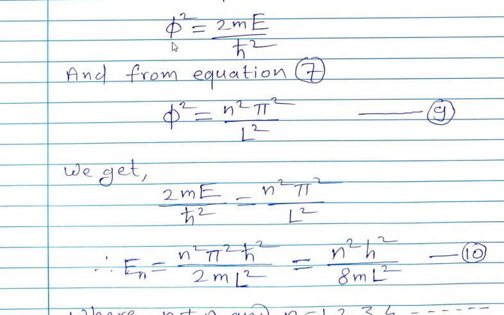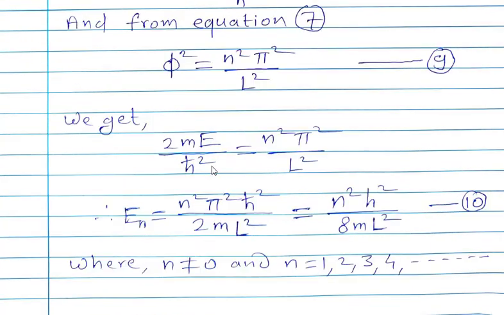Now from these two equations, phi square as twice m times e by h cross square and phi square as n square pi square by L square, we get twice m e by h cross square equal to n square pi square by L square.